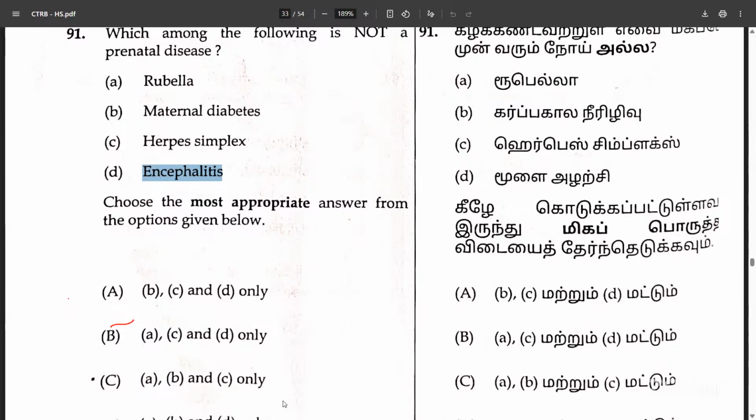It can be because of herpes or an autoimmune response. So there will be headache and fever kind of symptoms. So this is not a prenatal disease.